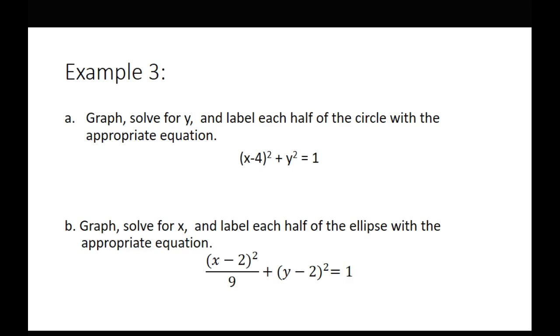So we're going to graph that circle first, and then we're going to solve for y. That's a new thing. We're going to get the y variable by itself. You'll see what I mean, but we will have broken our circle up into 2 halves, and each half will get a certain equation that goes with it. So we have x minus 4 squared plus y squared equals 1.